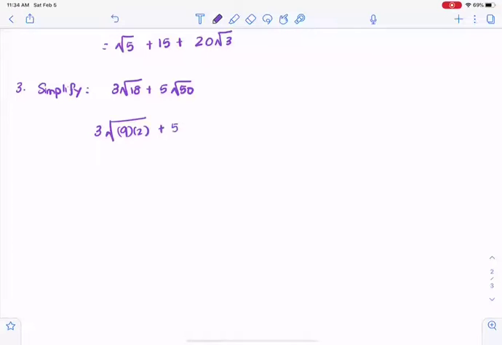The perfect square in 50 is 25, so 25 times 2. Since I have multiplication inside the root, I can split the root. 3 times square root of 9 times square root of 2, 5 times square root of 25 times square root of 2.